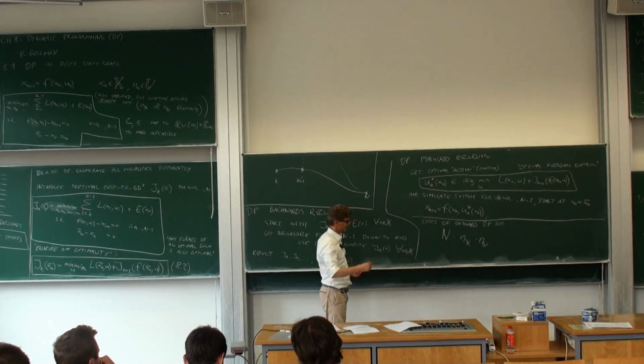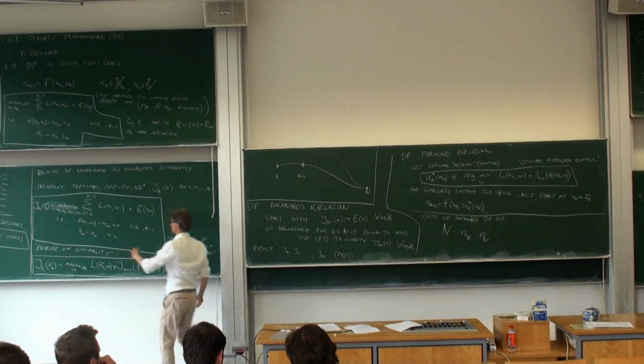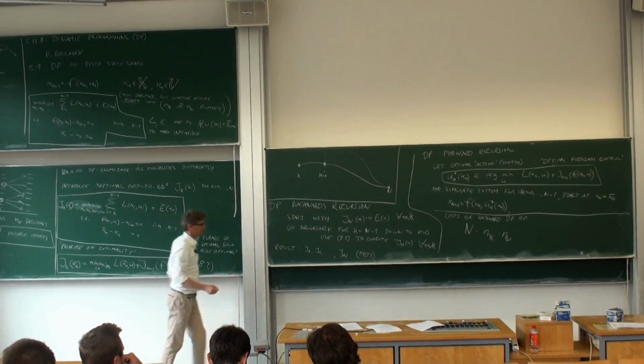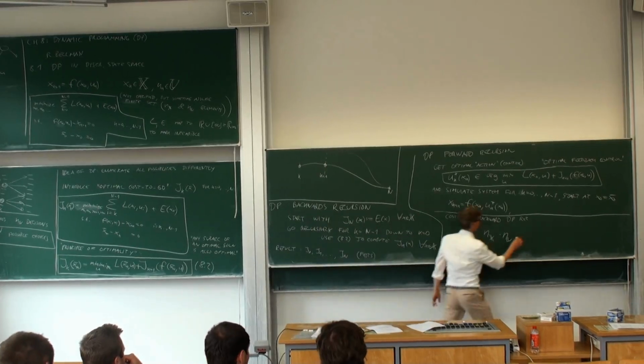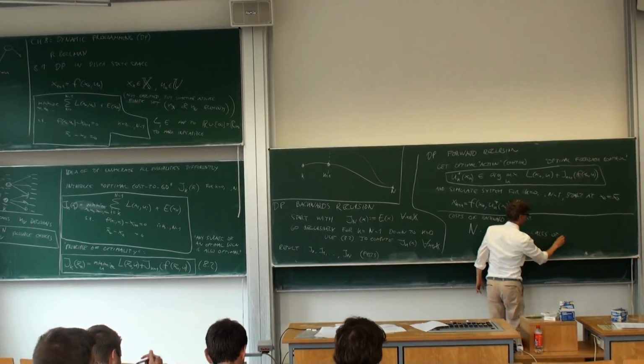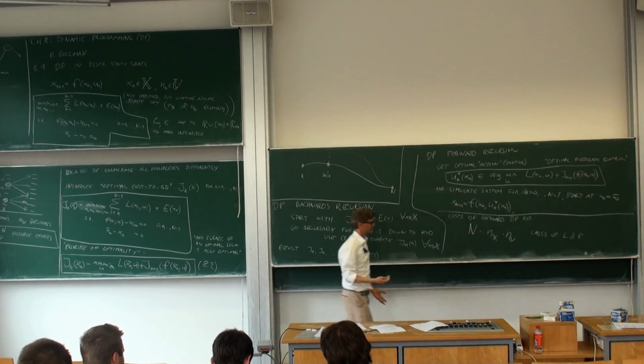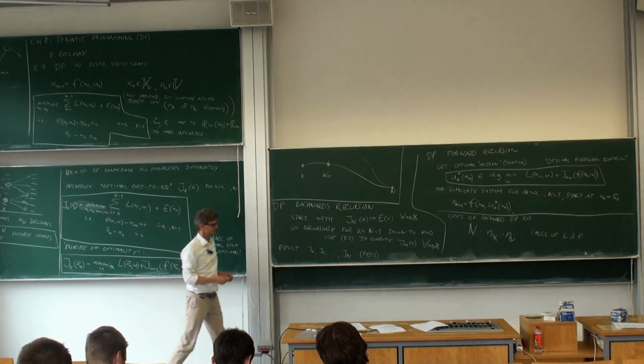So this would be the number of calls of the system simulation, this f and L. So many calls of L and F in order to get all these cost to goes.